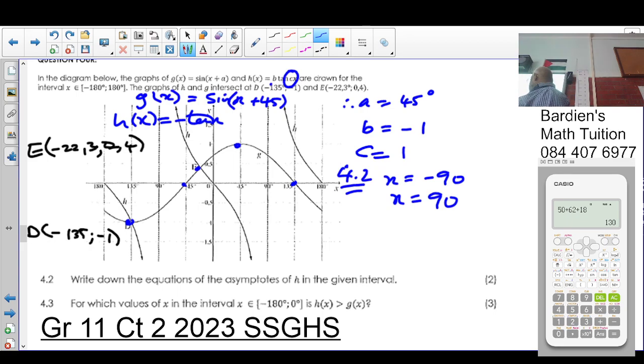Any confusion here? In 4.3 we are told for which values of x in the interval from negative 180 to 0. So it's only from here to here they consider. Where h of x is greater than g of x, or h of x is on top of g of x. In other words, here is h on top.